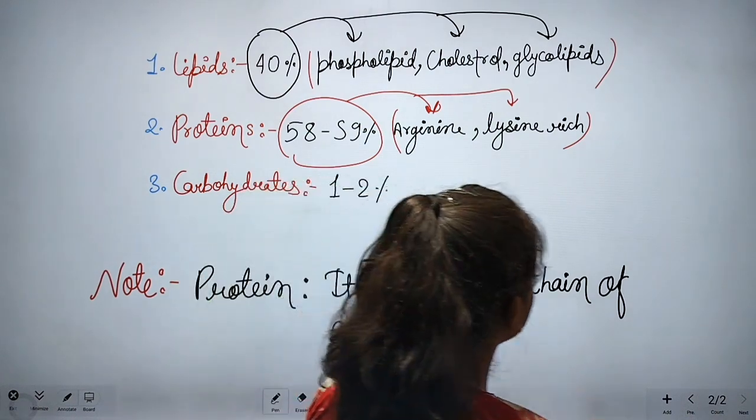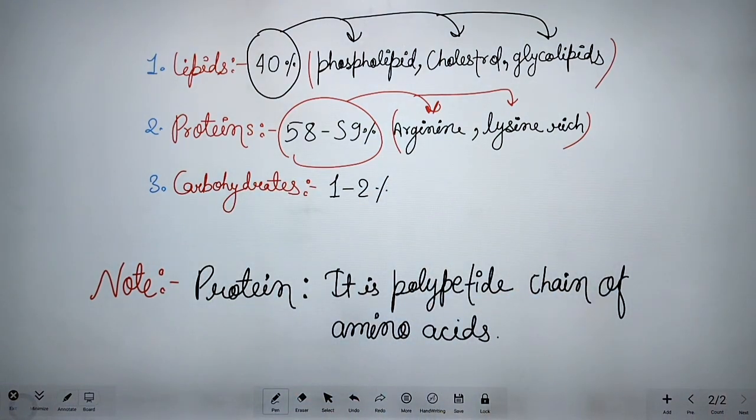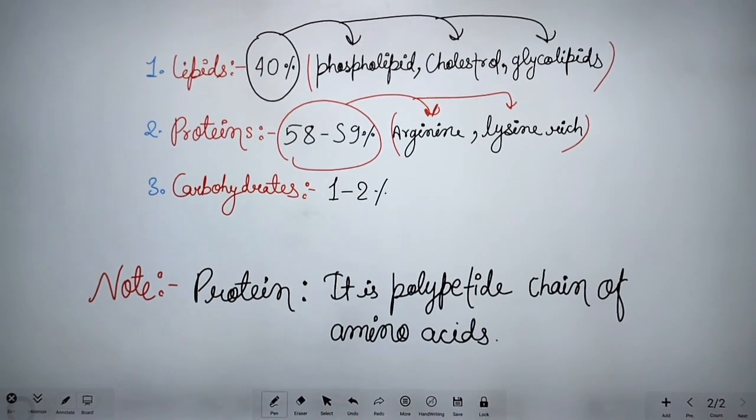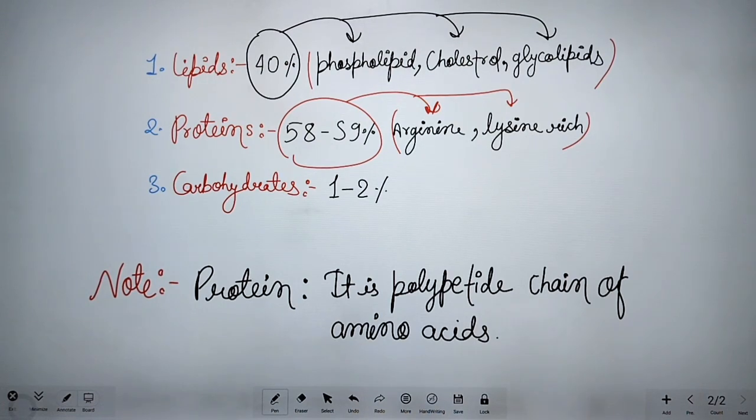Okay, protein is a polypeptide chain of amino acids. If someone asks you what is protein, so protein is a polypeptide chain of amino acids.